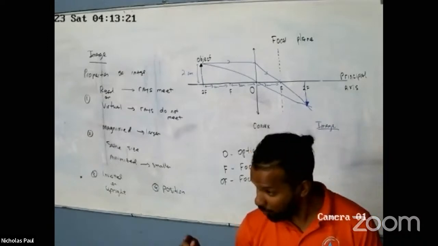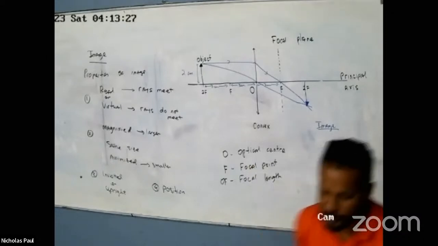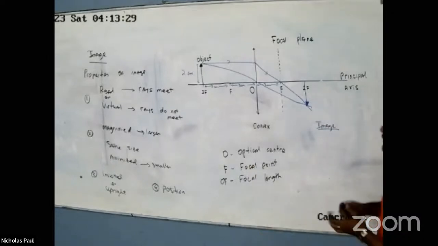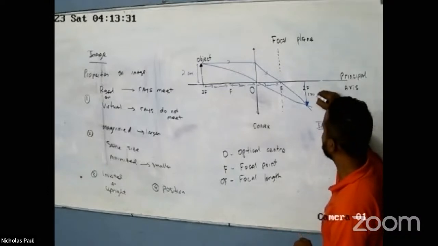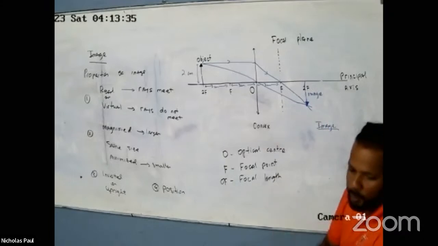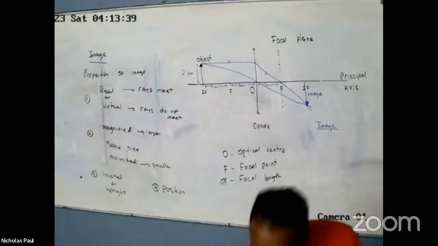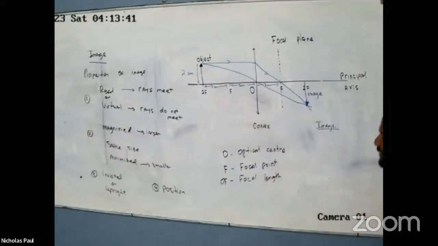Online, what did you all get? The image should be close to 2F. If it's a little way off, that's okay. Except for Vishal. Anybody got that 2F? No? Close?